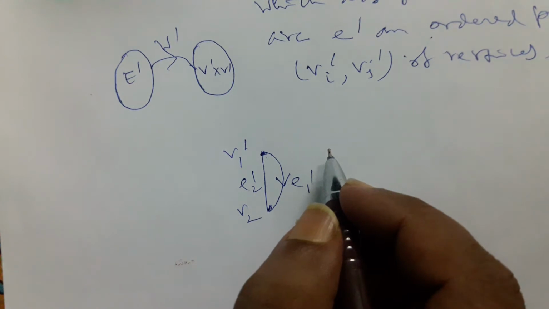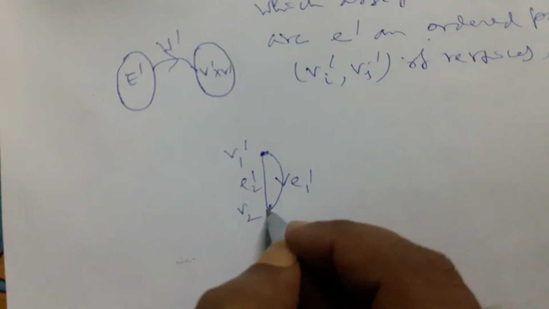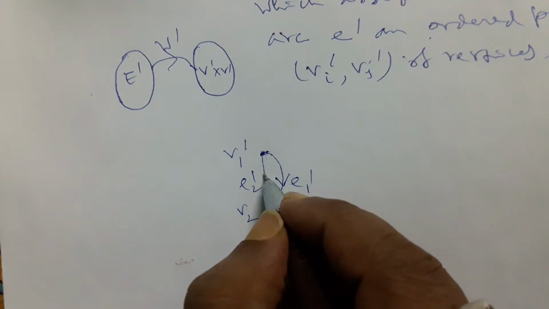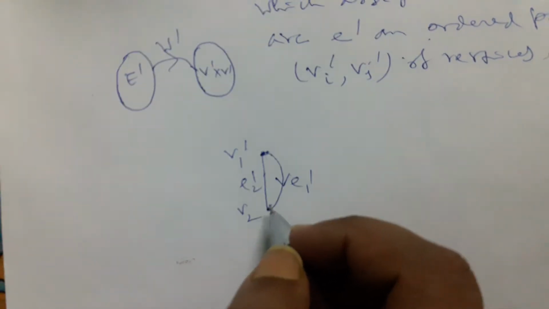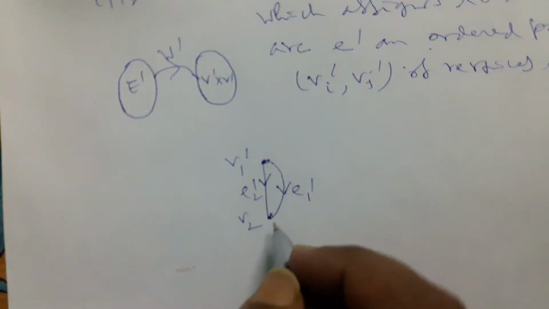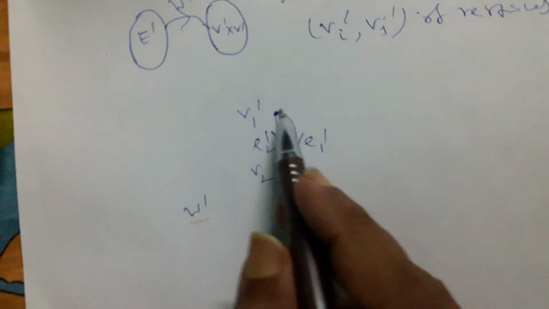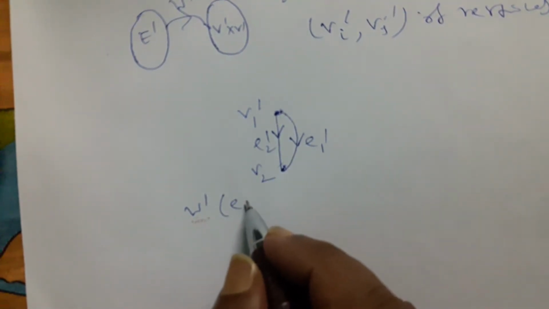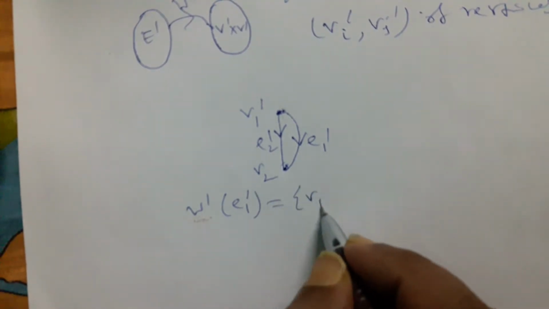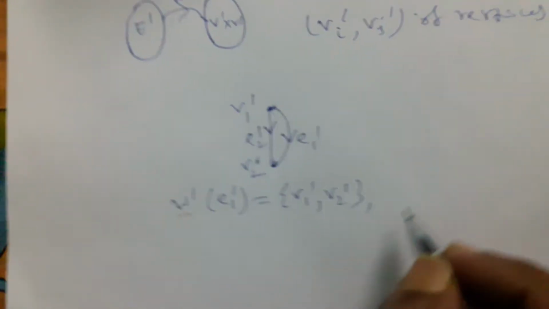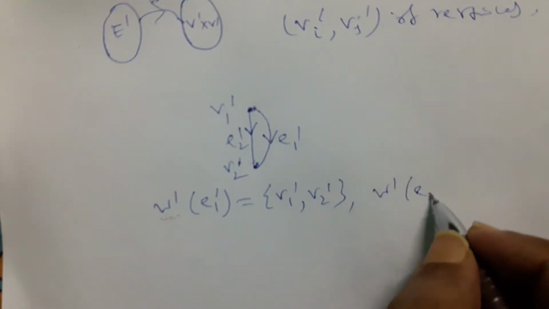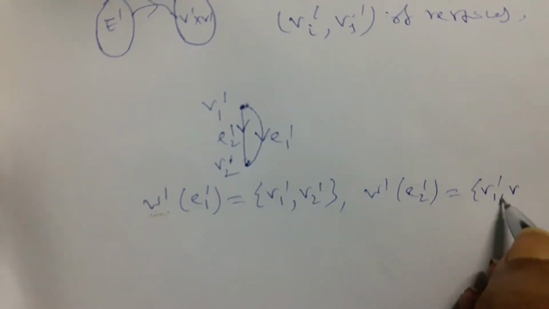There is a direction, we put the arrow: edge e1 dash is directed from V1 dash to V2 dash, and another edge is also from V1 dash to V2 dash, so both are parallel edges. The incidence function omega dash of e1 dash is V1 dash V2 dash, and omega dash of e2 dash is also V1 dash and V2 dash.